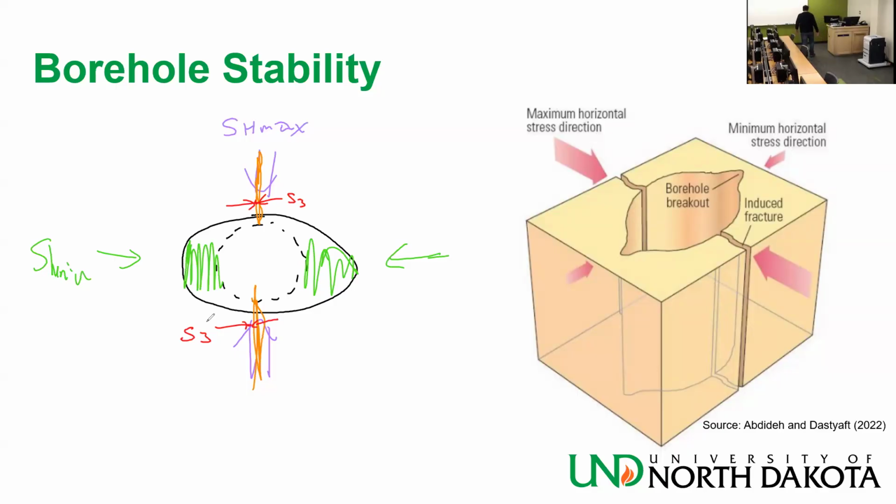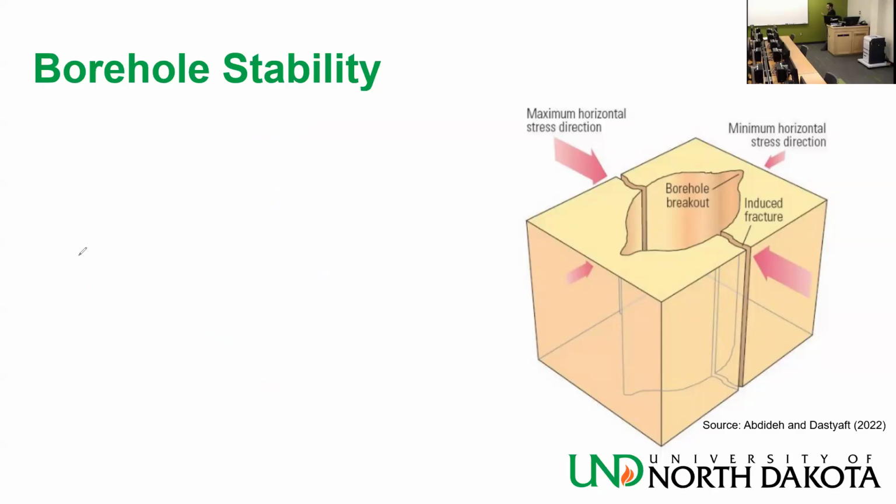Now, they both appear on something called image logs. Both drilling-induced tensile fractures and what's the other? Wellbore breakouts. They have a different signature. And when you see an image log, initially, it looks confusing.